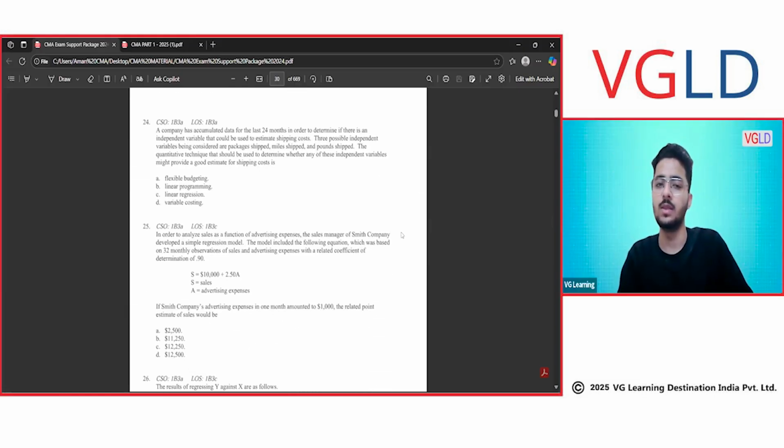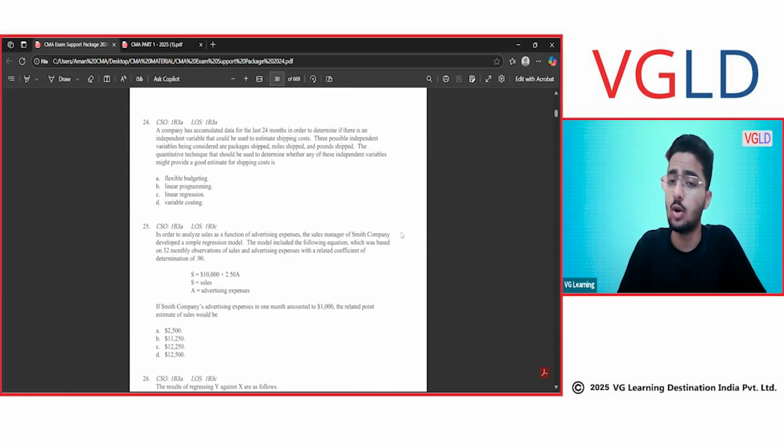Next, 24 number. A company has accumulated data for the last 24 months in order to determine if there is an independent variable that could be used to estimate shipping cost. We need to find out, is there any independent variable that can be used to estimate your shipping cost? Three possible independent variables are given: packages shipped, miles shipped, pounds shipped.